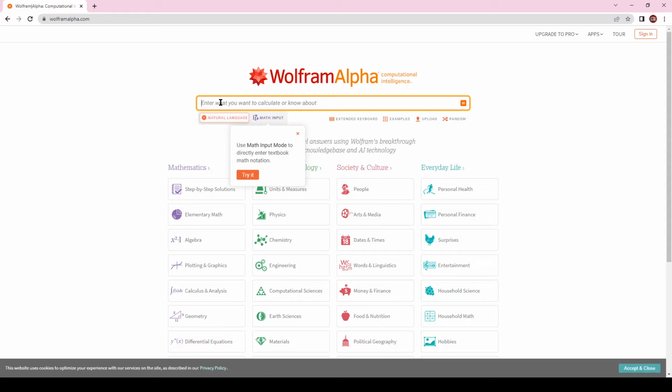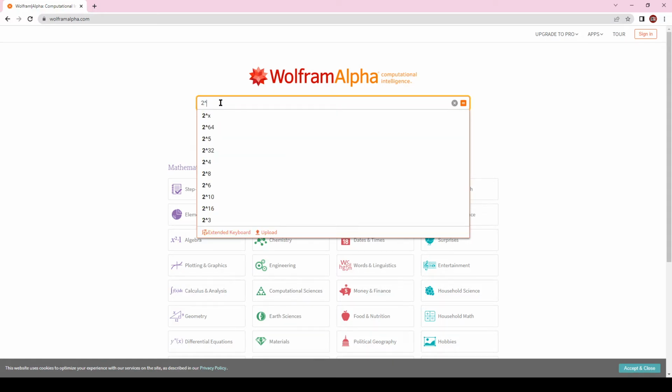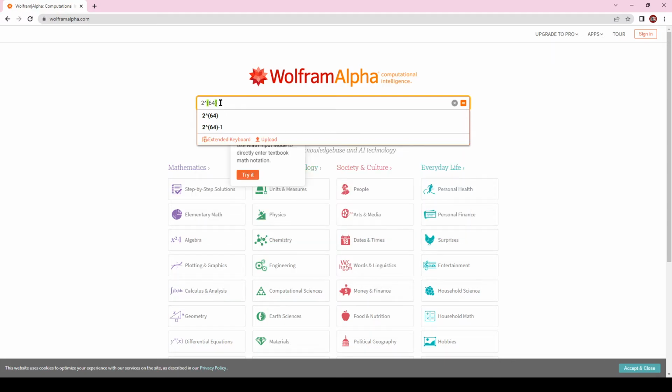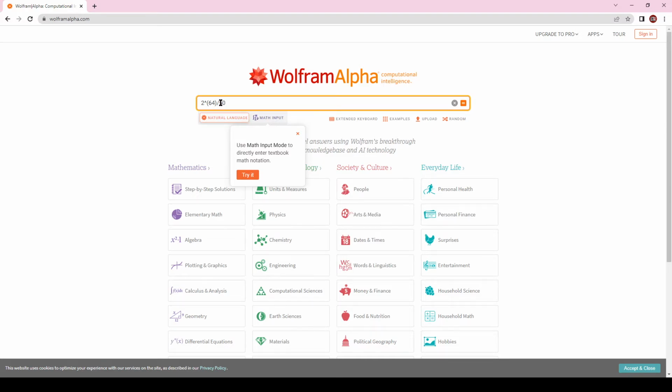Now what we want to do, we want to calculate 2 to the power of 64. Let me put a pair of brackets around that. So this is this number, and then I want to divide it by 50. And then I get a number here.